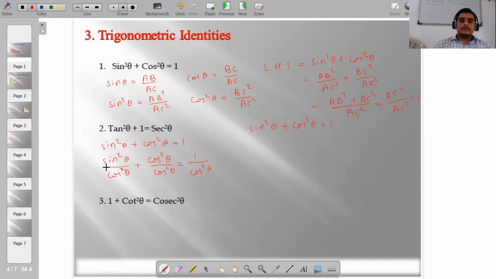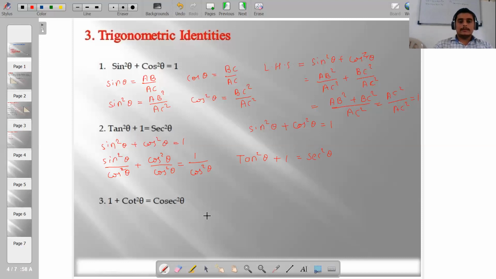As we know that sine theta upon cos theta is tan theta, sine square theta upon cos square theta can be written as tan square theta, and cos square theta upon cos square theta is 1, equal to 1 upon cos square theta, and 1 upon cos indicates the sec ratio, so 1 upon cos square indicates sec square theta. This is the proof of the second identity.